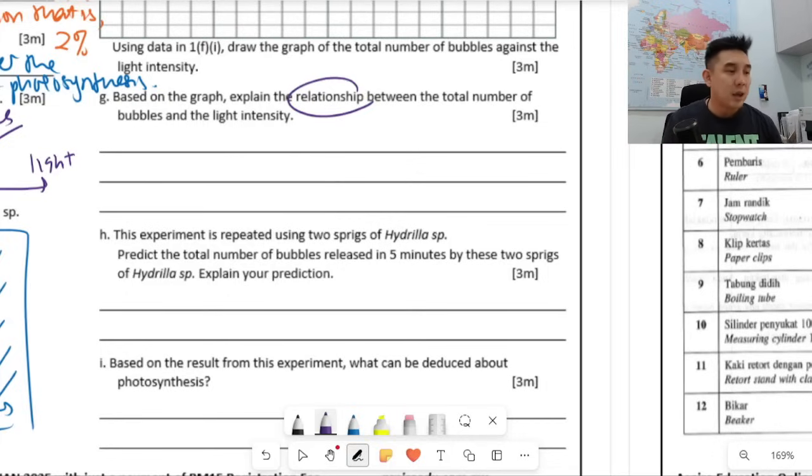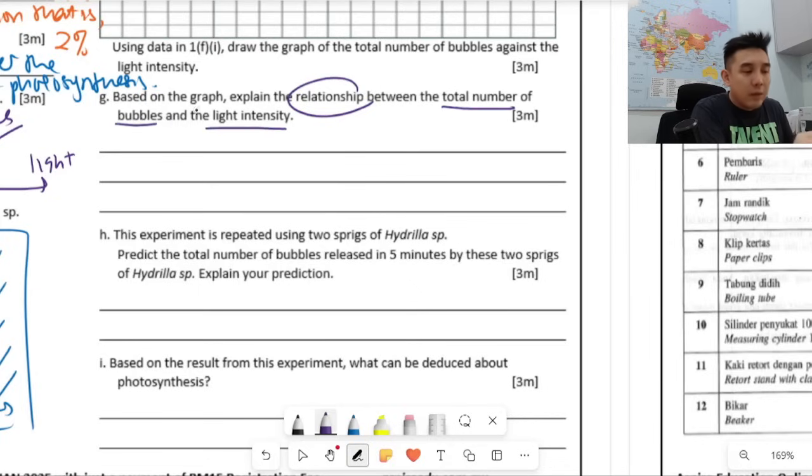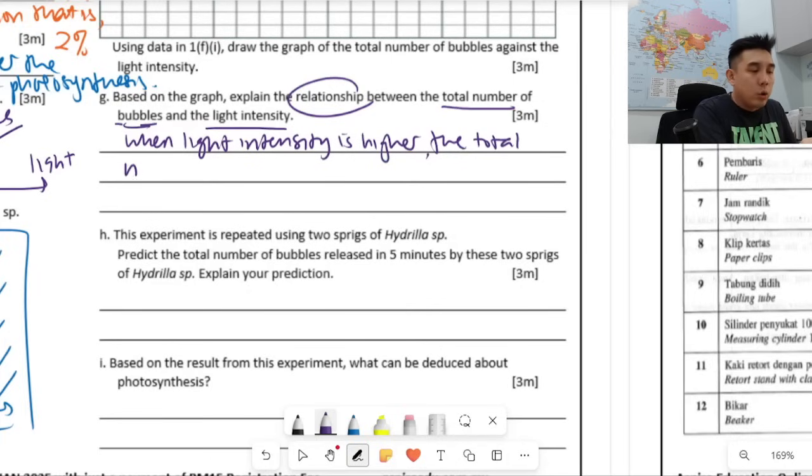Okay, look at this. So the most important thing is to use back what they give you here. Therefore, when light intensity is higher, the total number of air bubbles is higher.